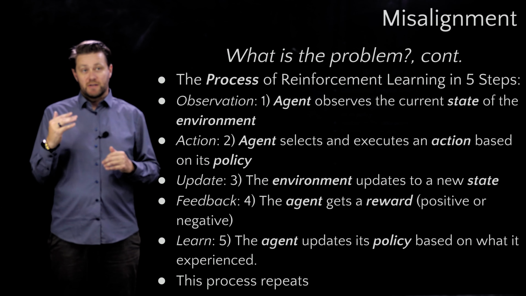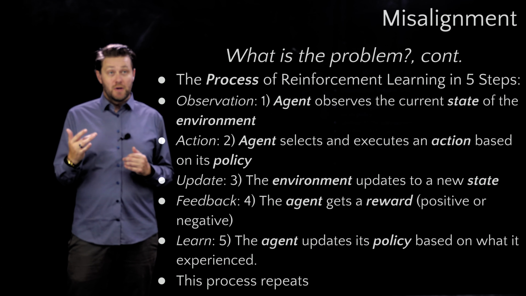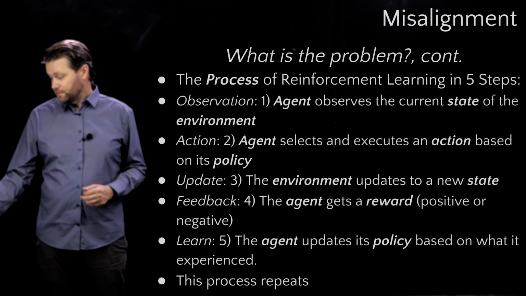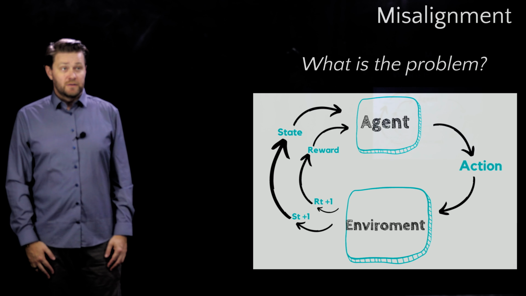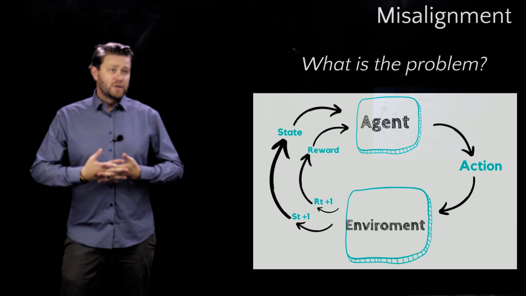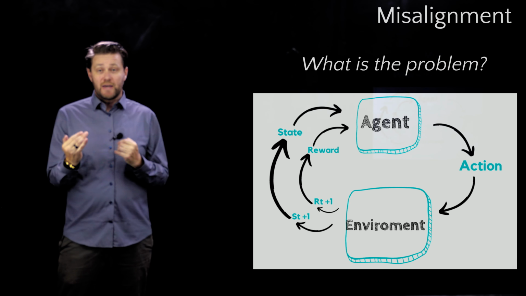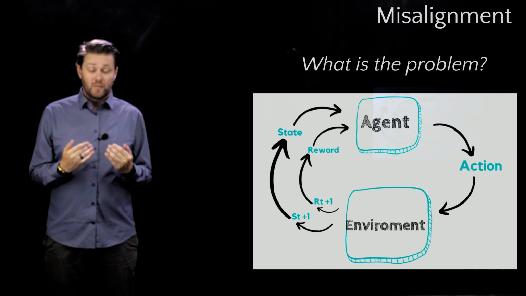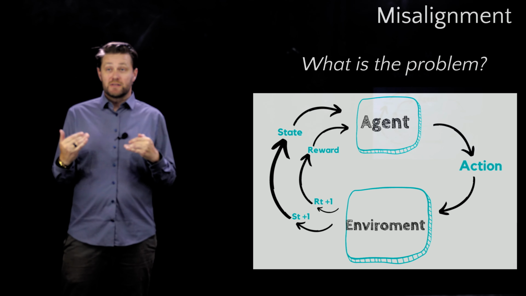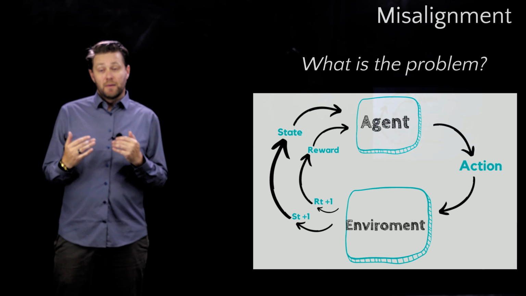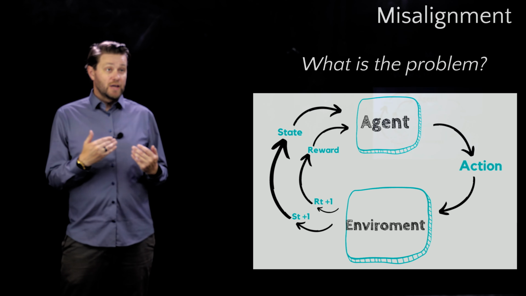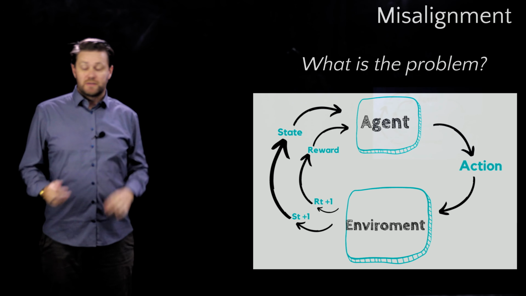Then the process is iterative until some goal is reached. And here's just a general picture of this. The agent and the environment, the agent has to take an action. Once the agent takes an action, the state updates, and the agent gets a reward based on its action.